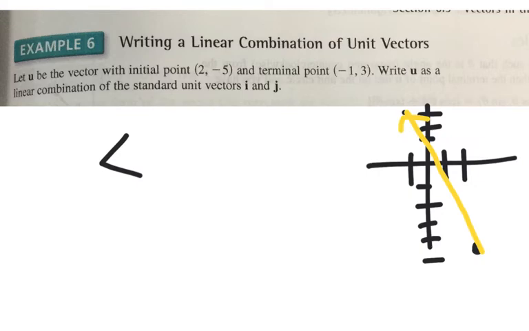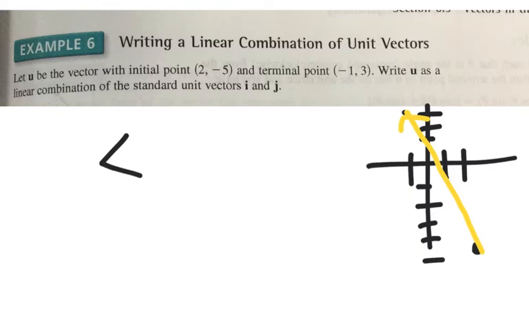Something tells me I did not graph that well. Did I mess something up? This says my vector should be 3. I did it backwards. The whole thing's backwards.